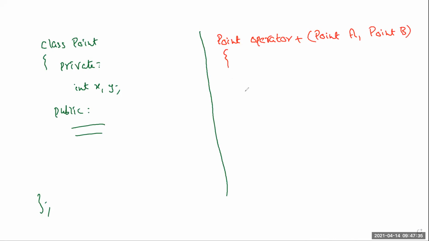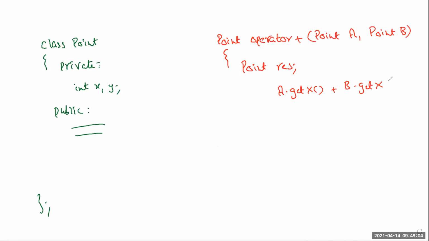So what were we doing here? We were saying a dot get x plus b dot get x, adding the x components together and y components together.